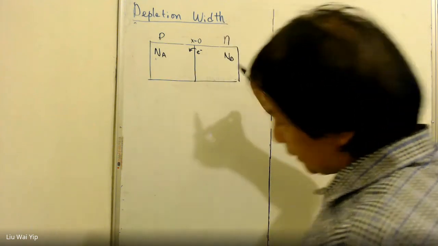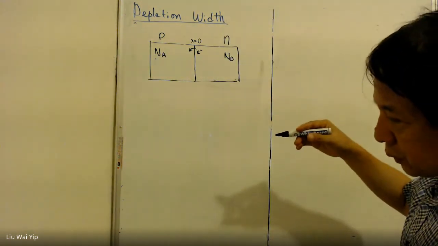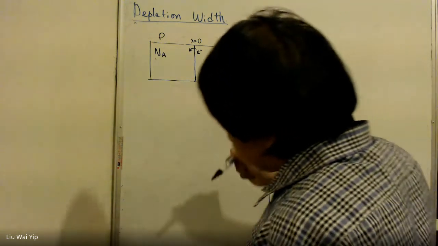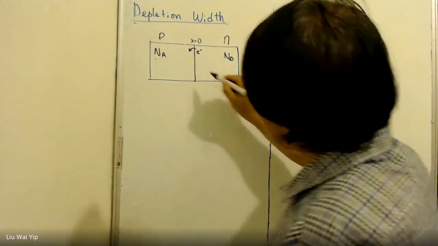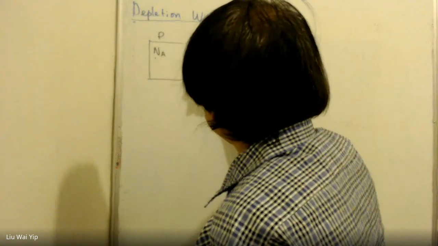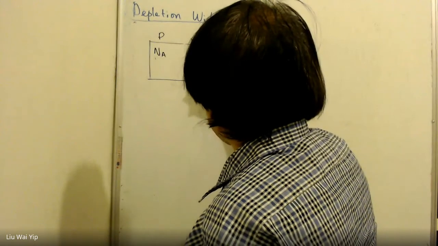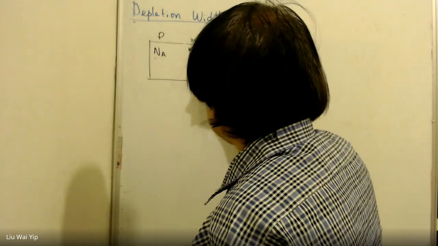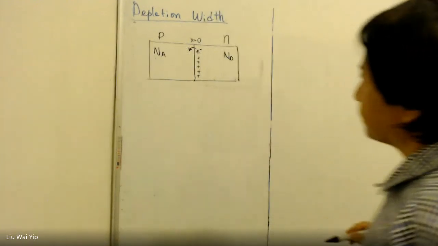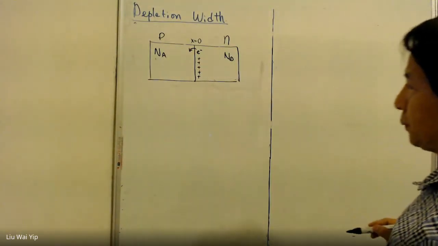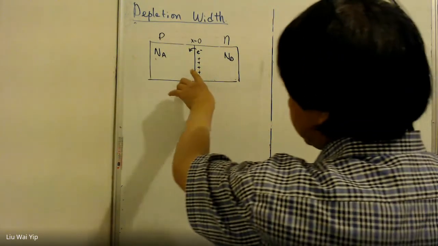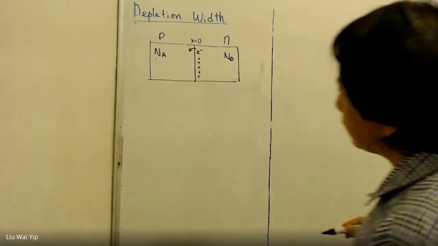Losing electrons means losing negative charge. As a result of the loss of negative charge, we have surplus positive ions next to the contact interface.